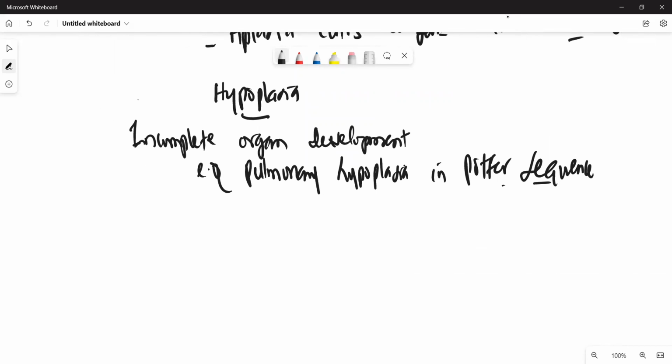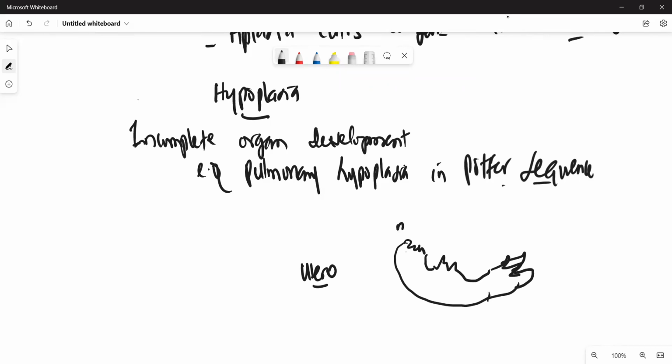So normally, when the fetus is in the uterus, let's draw a very nice fetus. Please don't mind my diagram. Let's say this is the mouth area, and this area is the kidney area.